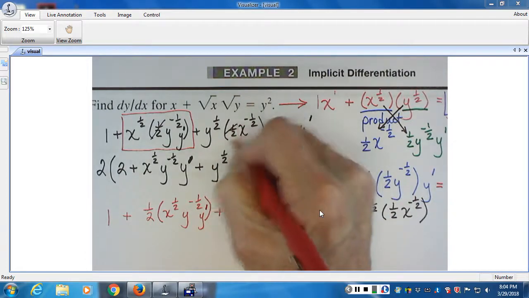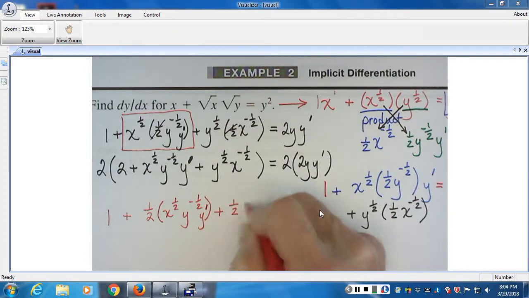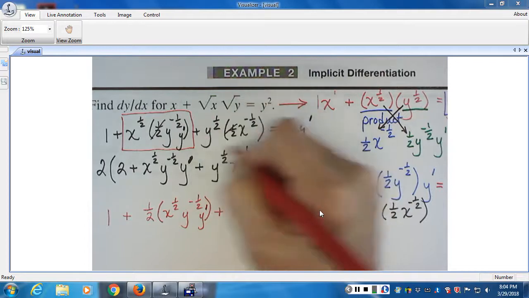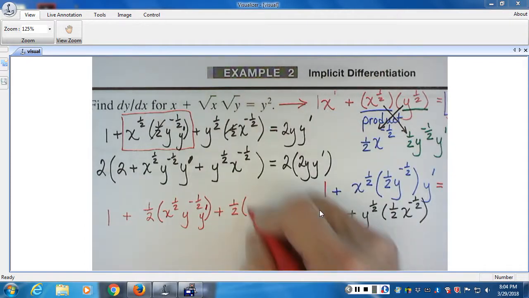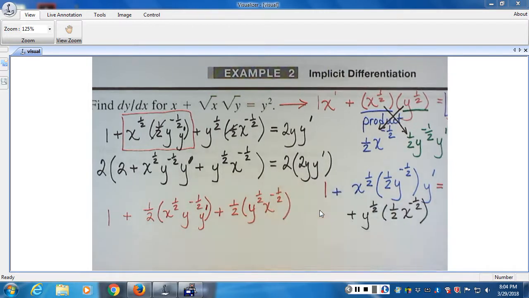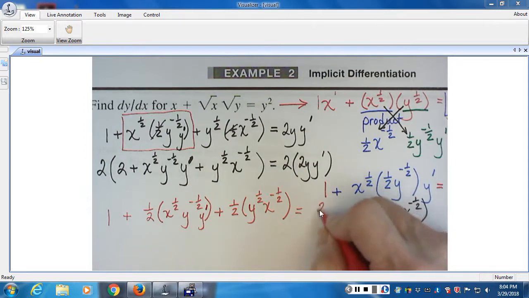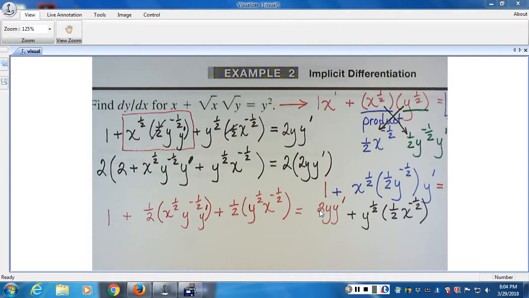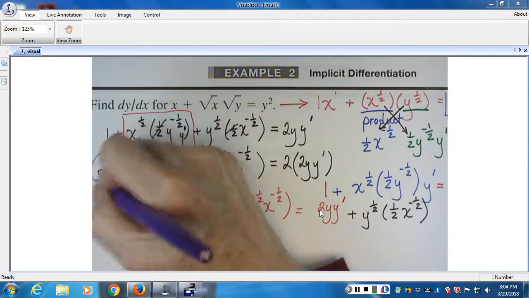I'm going to pull that 1/2 out in front because it's actually being multiplied in with y to the 1/2 and x to the negative 1/2. Okay? So now I'm going to multiply everything by 2 all the way across.